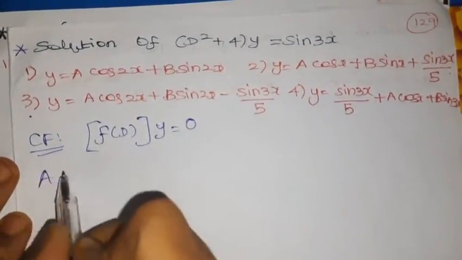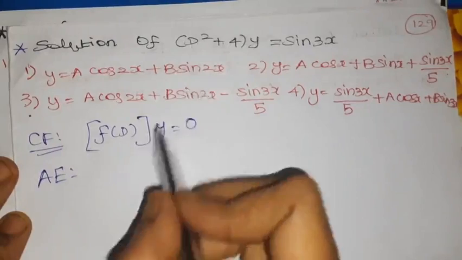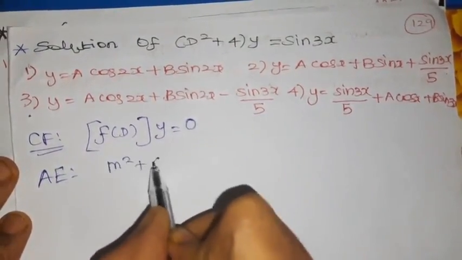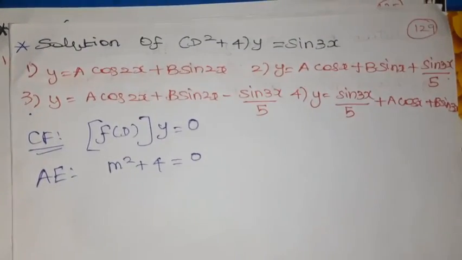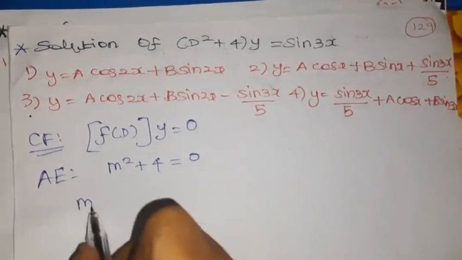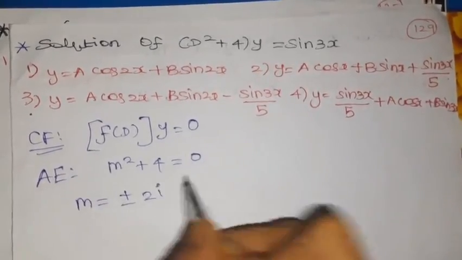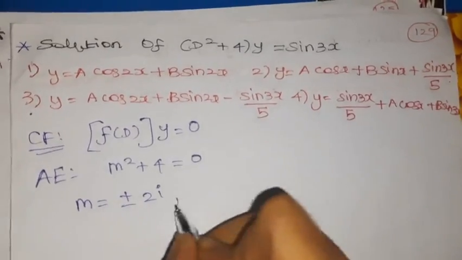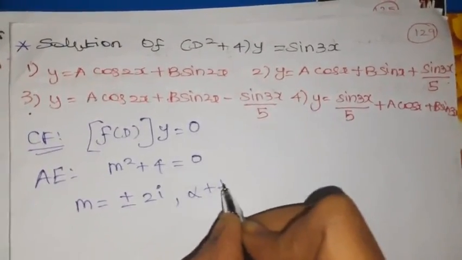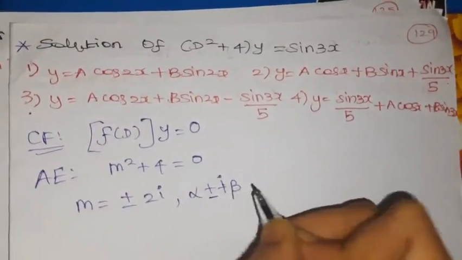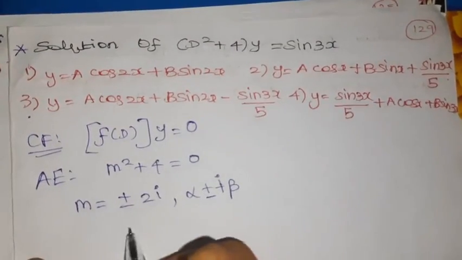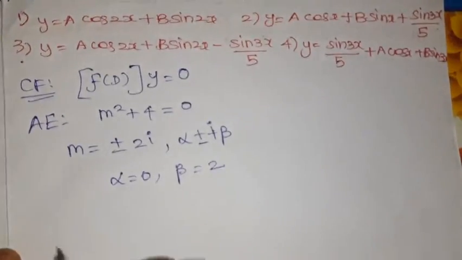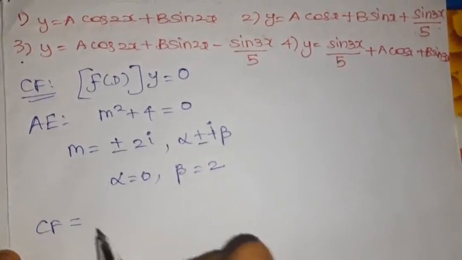Then we form the auxiliary equation, replacing D by m: m squared plus 4, right-hand side equal to 0. Then finding the roots, we get plus or minus 2i. We have two roots, and the roots are complex conjugate. It is of the type alpha plus or minus i beta. So alpha equal to 0 and beta equal to 2 here. So roots are complex conjugate. What is the complementary function?